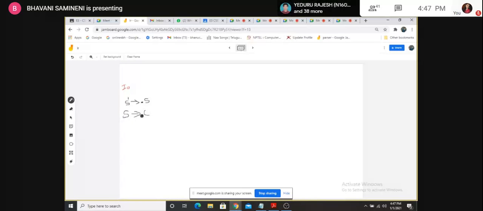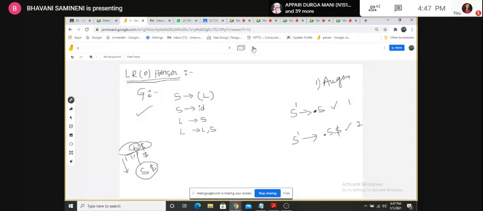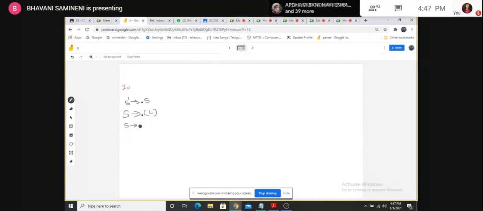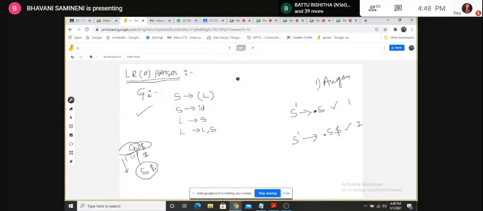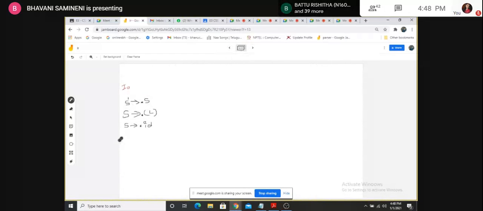I have to add them as LR(0) items. These two S productions I have added. And what are the other productions? The other productions are L derives S and L derives L comma S, which as items are L derives .S and L derives .L comma S.